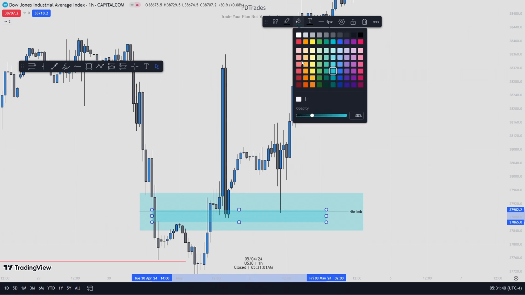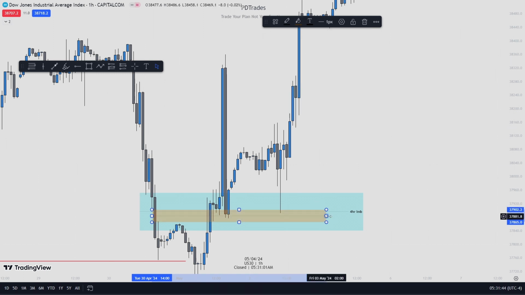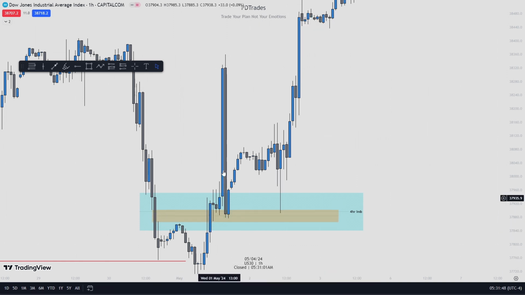Let me change the color. You see that? What did price do? It showed displacement and rejected inside this 1 hour inversion fair value. It went to the buy side, then came back again inside this 1 hour, which is also the midpoint of the 4-hour inversion fair value gap.